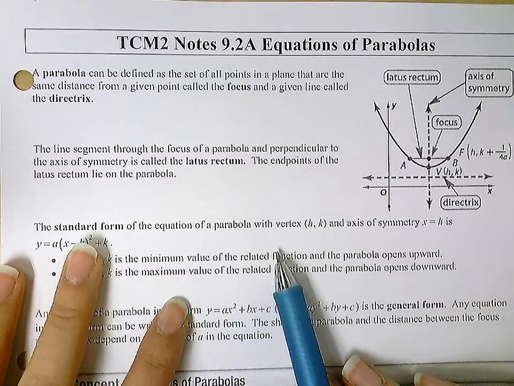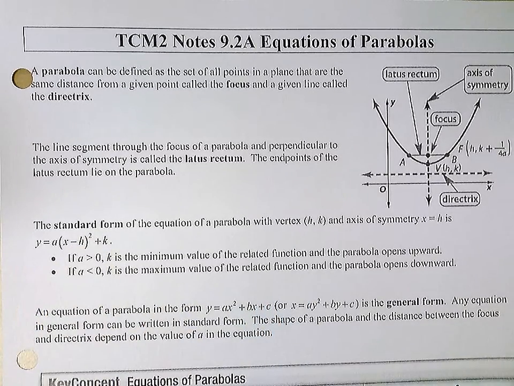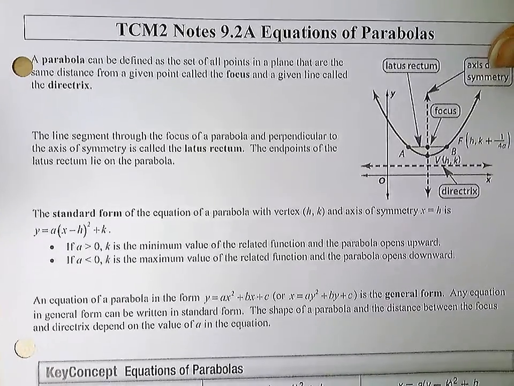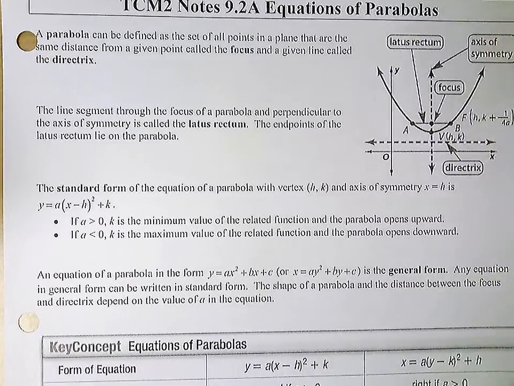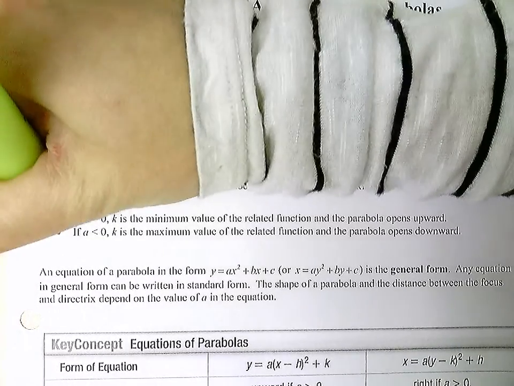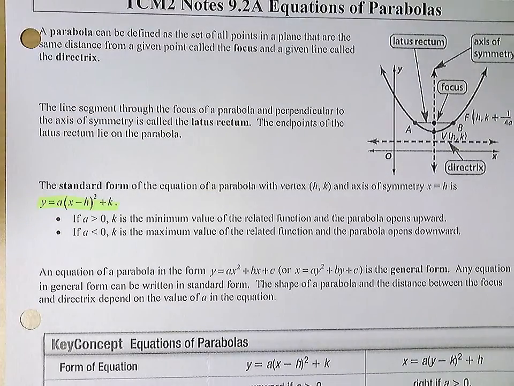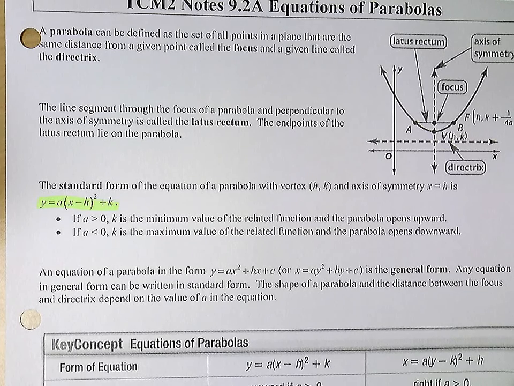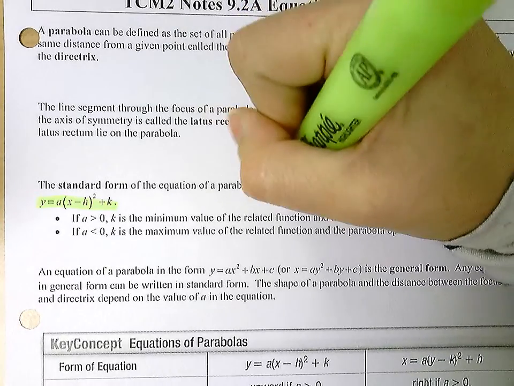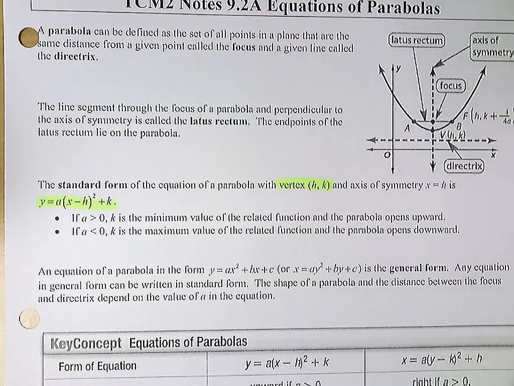So the standard form of the equation of a parabola with vertex (h, k) and axis of symmetry x equals h is y equals a times the quantity (x minus h) squared plus k. Okay, and that's with a vertex (h, k).